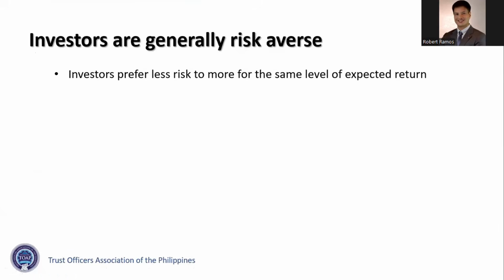So remember, ladies and gentlemen, when selling UITFs or when informing the clients about particular UITFs, remember that investors are generally risk averse. They prefer less risk to more for the same level of expected return. Obviously, you want more return for any level of risk.